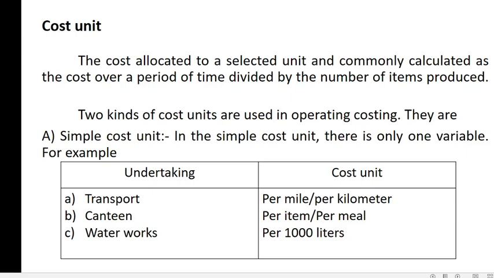For example, in a transport company, simple cost unit can be per mile or per kilometer. In a canteen, it can be per item or per meal. In a waterworks, it can be per 1000 liter. Here what we see is there is only one variable. So a simple cost unit will have only one variable.